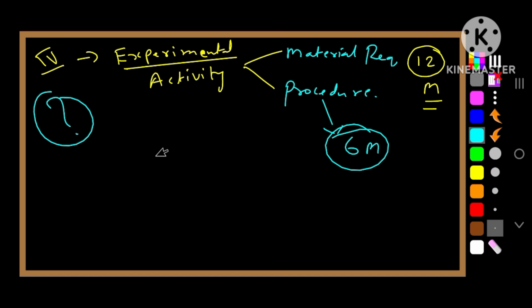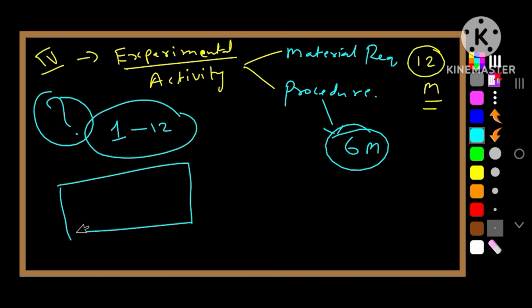Simply what you have to do is go through the activities of each and every chapter from first to 12. Here it is very easy. Simply you go through the diagrams of the activities.